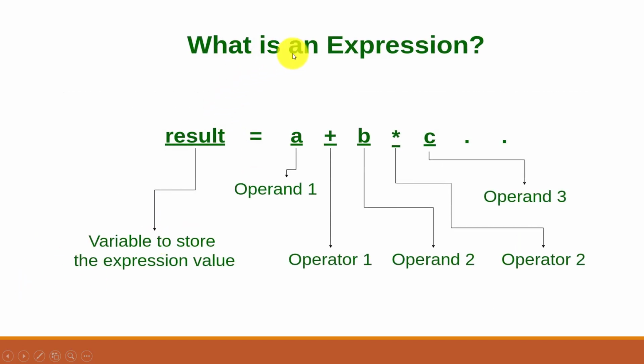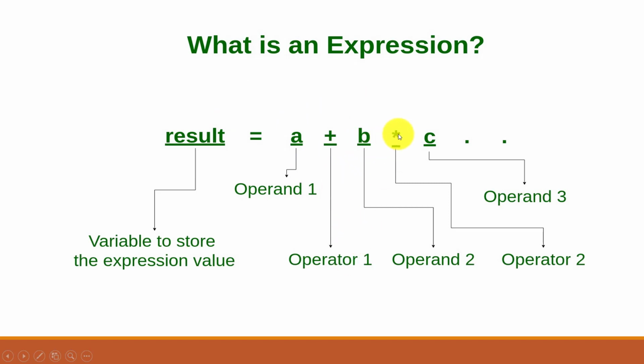Now let's understand what an expression is. An expression is nothing but a collection of operands and operators. We must know the order, the precedence and the associativity of operators to execute our expression. Here a is an operand, and plus is the operator.